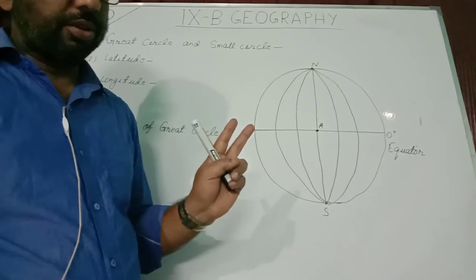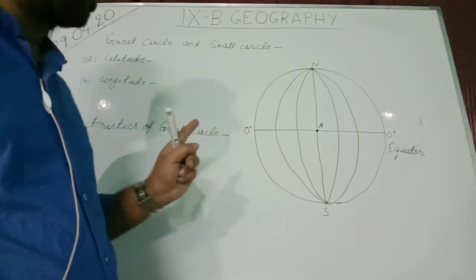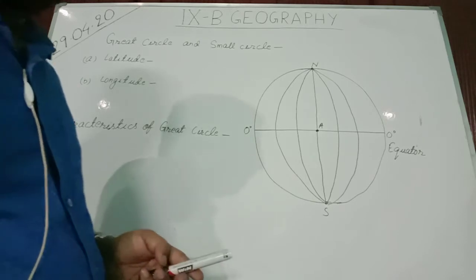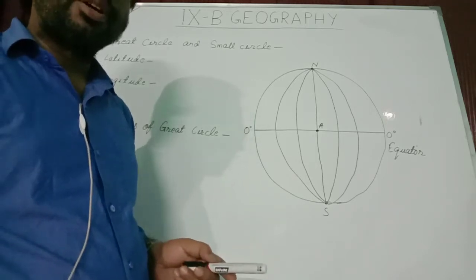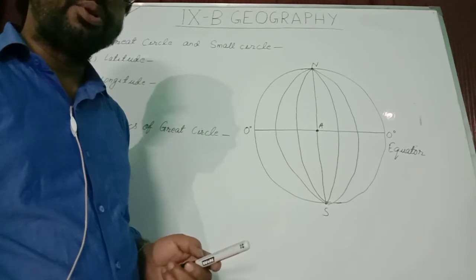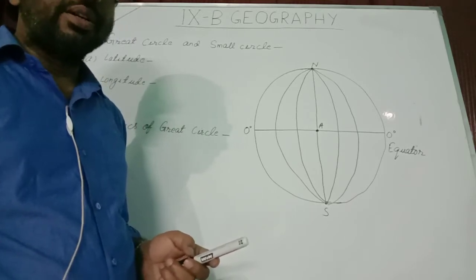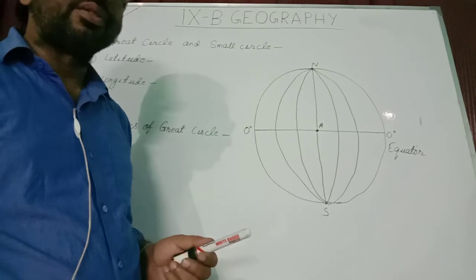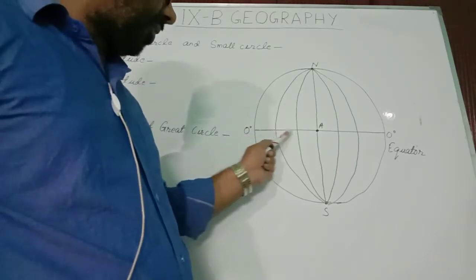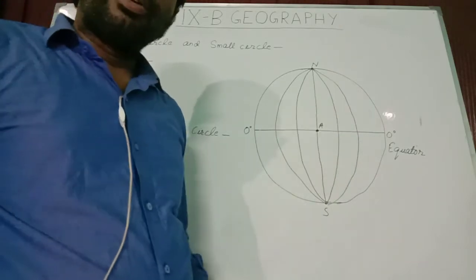These two things you will keep in mind for the definition of great circle. The line that passes through the center of the earth and divides the earth into two equal halves makes the great circle. So, latitude passes through the center of the earth.